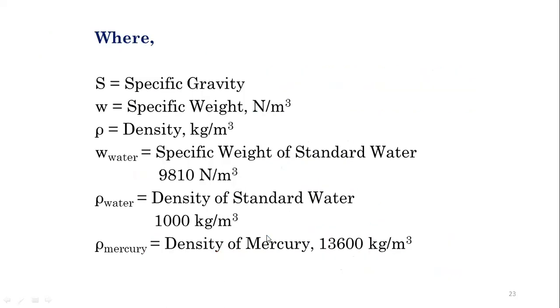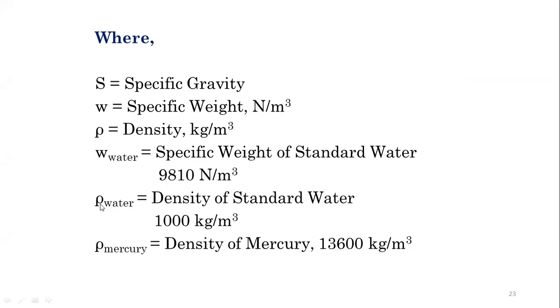Next, specific gravity is denoted by capital S. It is the ratio of density of a fluid, nothing but the density of an unknown fluid, or a fluid which is known, to the density of the standard fluid. These are the things we have to remember. The density of water is always standard, it is 1000 kg per meter cube.